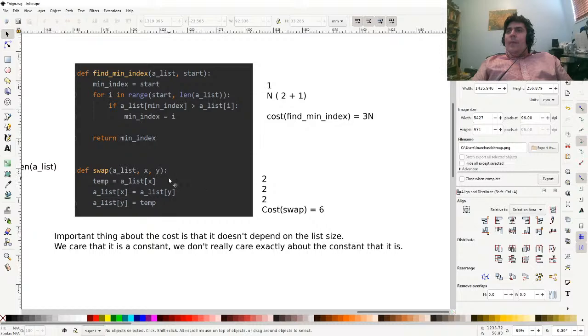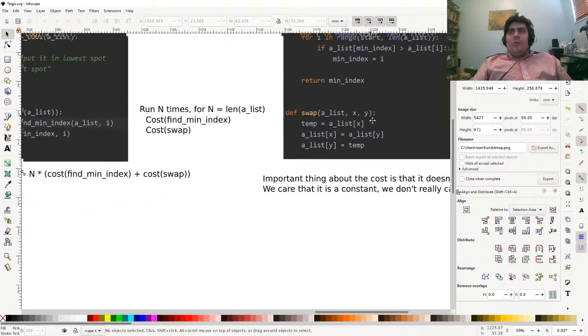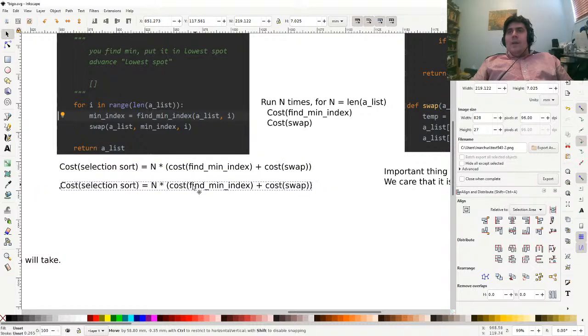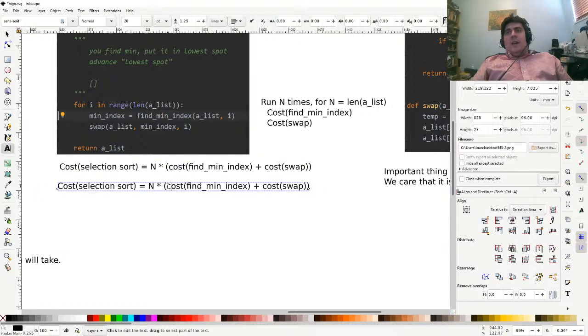So now we can go back and calculate the total cost of selection sort, right? Which is n times the cost of find min index, which we can now replace by 3n, and the cost of a swap, which we can now say is 6. Plus there's some return statements, so we can add in some plus 1s or whatever. Maybe if we add in the plus 1 here for the return statement, that'll show you what I mean by lower order terms.